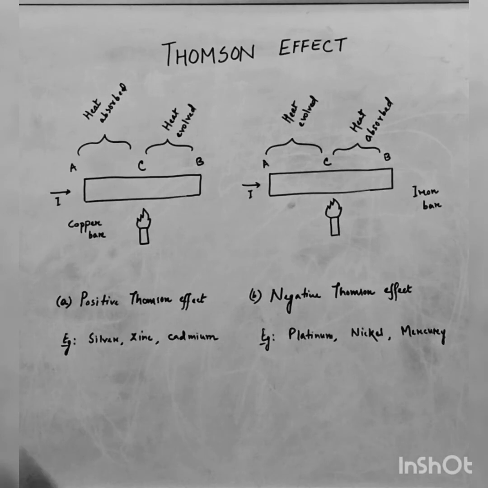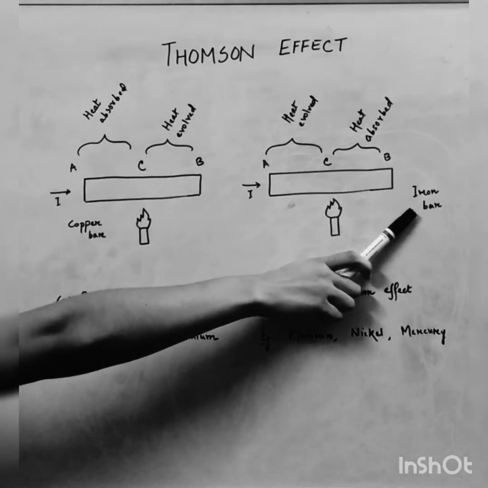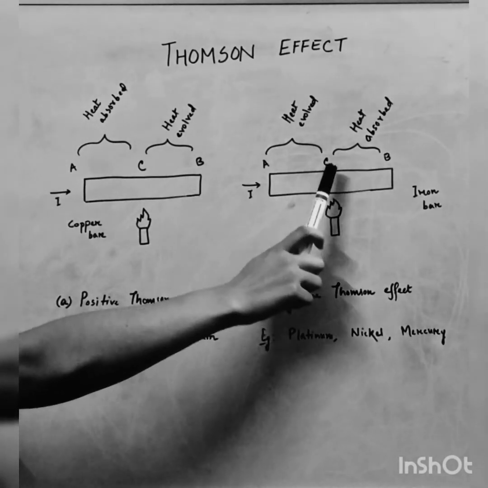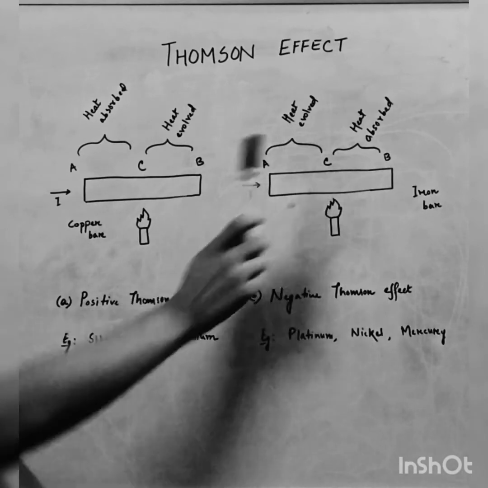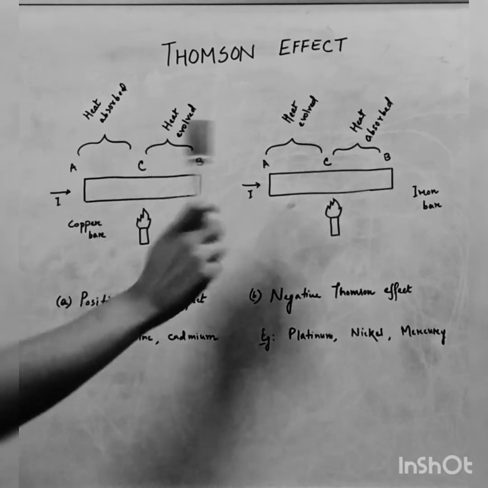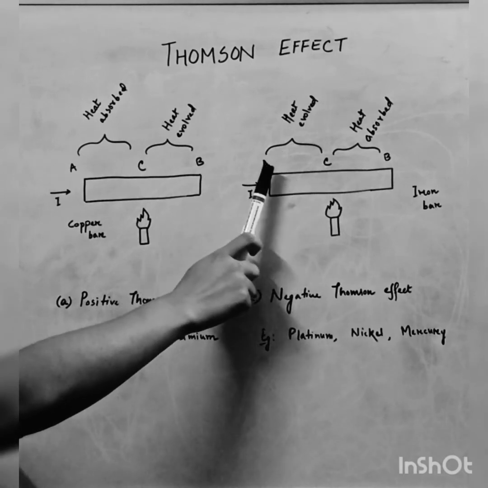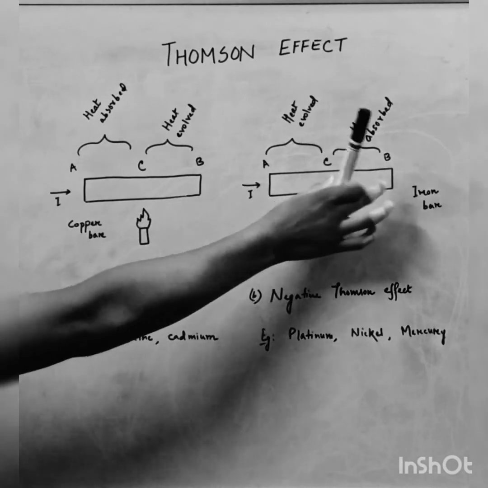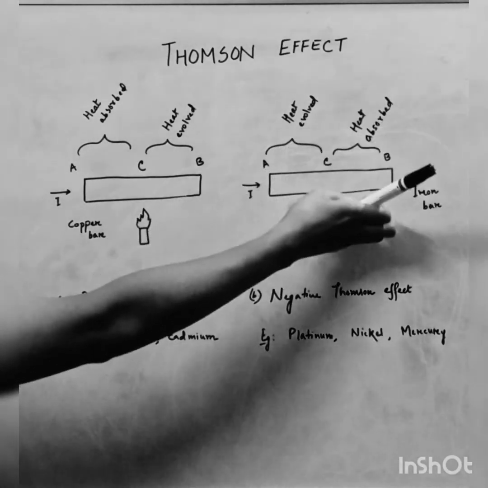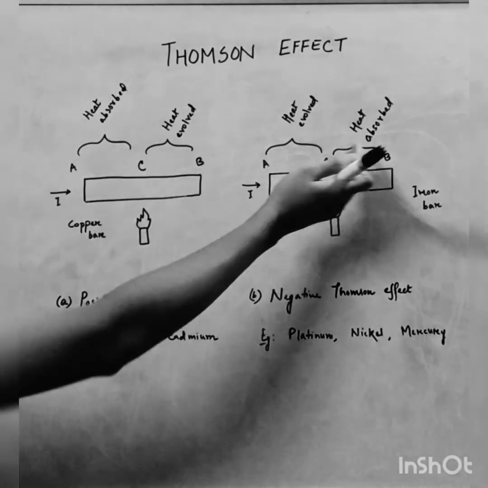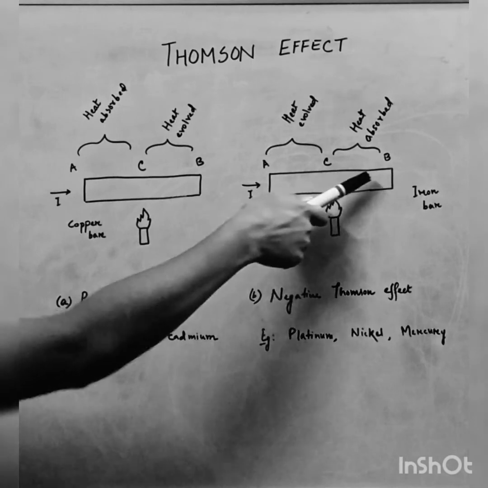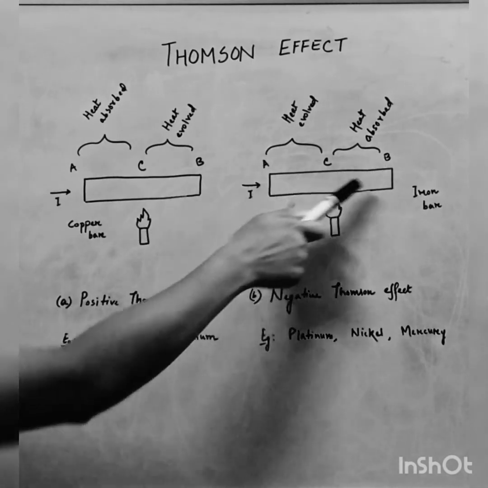The next is the negative Thomson effect, which is the inverse of the positive Thomson effect. Here I have taken an iron bar named AB, and in the same way I have named the midpoint as C, and I have provided heat at the midpoint C. Here in the case of the iron bar we find that in the portion A to C heat is getting evolved, and from the portion C to B heat is getting absorbed, meaning heat is transferred from point B to point A. That is, the heat transfer direction is opposite to the direction of the current flowing through the conductor.